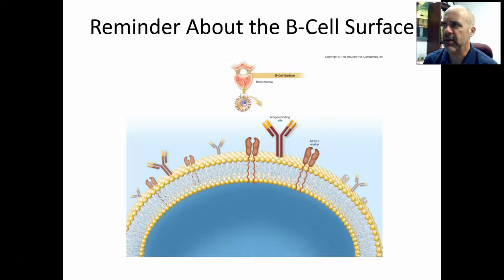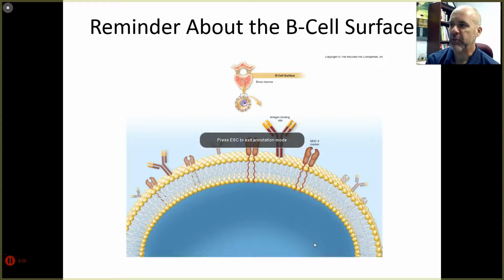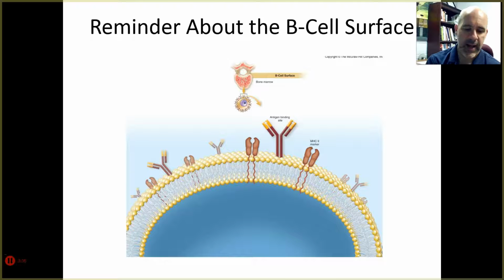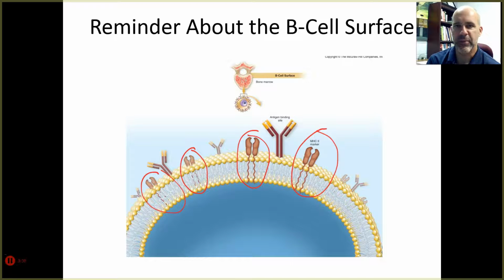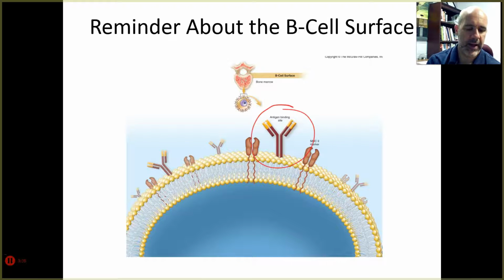So let's take a look at just a reminder about what the surface of a B cell looks like. So obviously we've got a cell membrane here, and notice right here, you've got many copies of MHC class II proteins on the surface, and then the Y-shaped molecules that we're seeing there, right here and elsewhere, those are your B cell receptors.